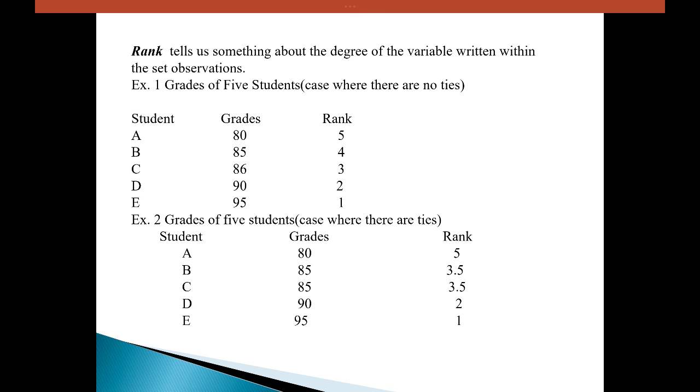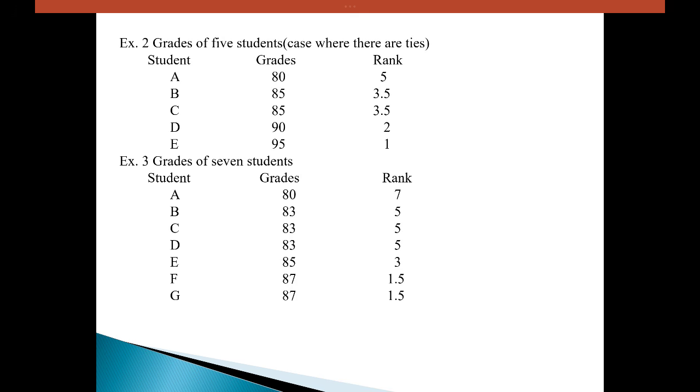We will take the average of rank 3 and rank 4, which is rank 3.5, and put rank 3.5 for student B and rank 3.5 for student C. So that's how you do your ranks.